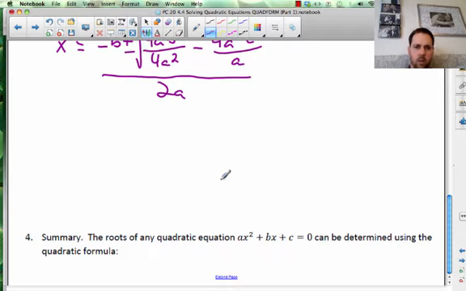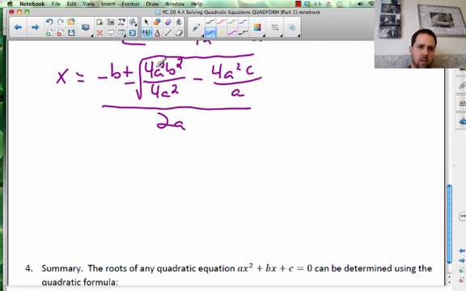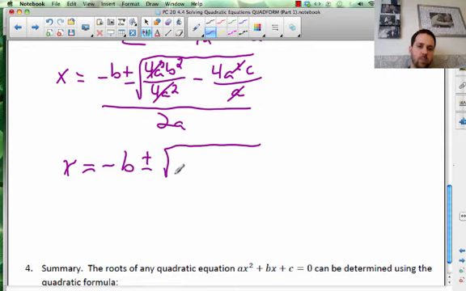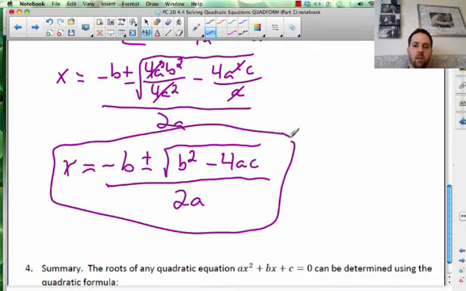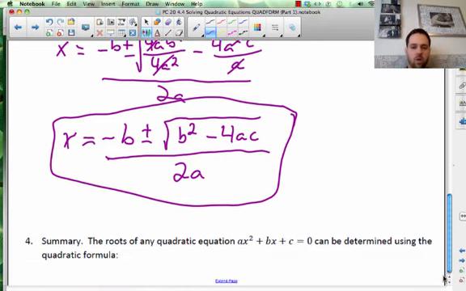Alright, so in this case, the 4a squareds cancel off, numerator, denominator, and one of the a's will cancel off with the denominator a, and all we're left with here is x equals negative b plus or minus the square root of b squared minus 4 times a times c, all over 2a. And thus we have successfully derived the known version of the quadratic formula.